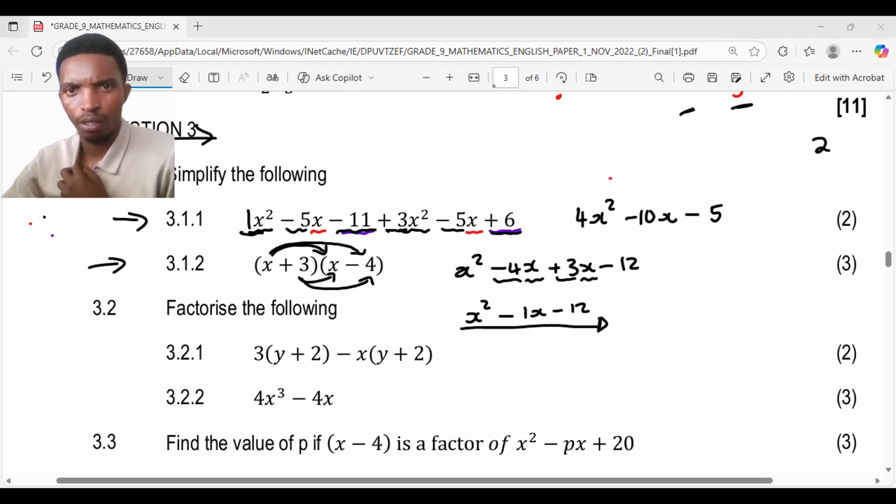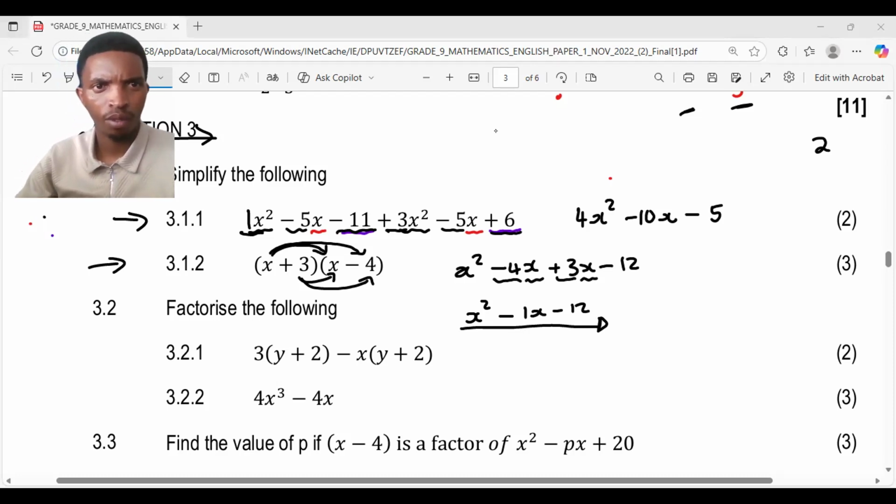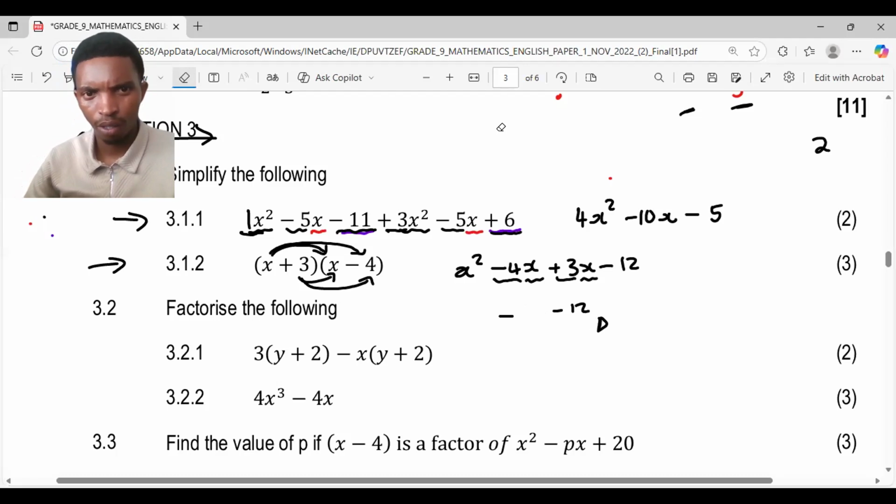I can't hear you, Sebo. I was asking for 3.1.2. What point? I gave a decimal. I didn't do the triangle or the way we did it, but it's giving a different answer. You got the same answer.